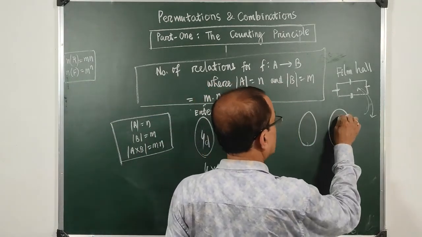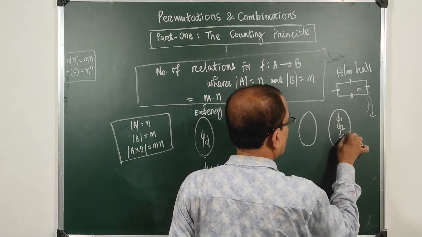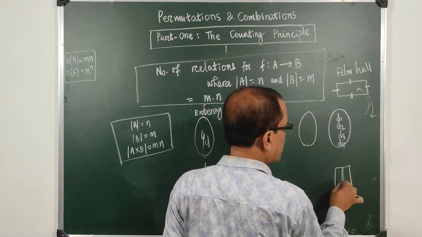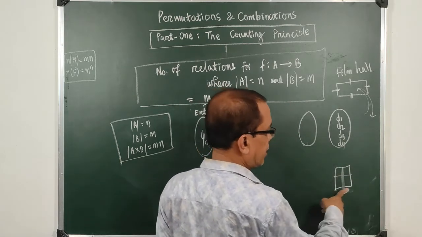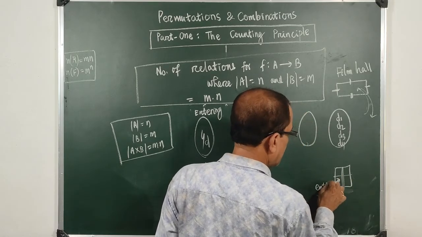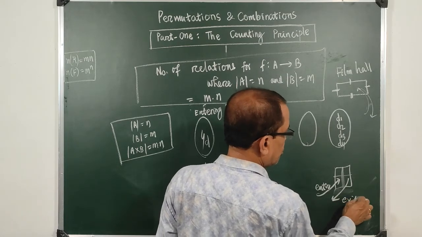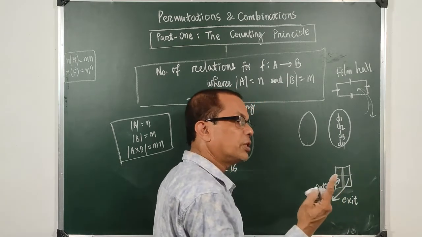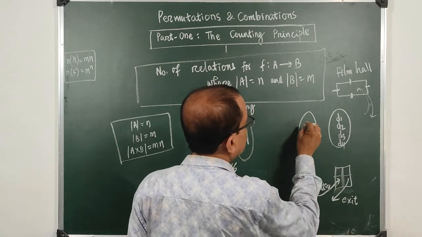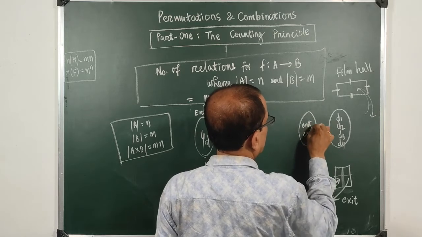You have 4 doors here, door 1, door 2, door 3 and door 4. What can a door do? How can it help us? We can go through it, enter, and we can also come through it, exit. So every door has 2 functions. It can allow you to go inside and come outside. So it has 2 functions, say enter and exit.